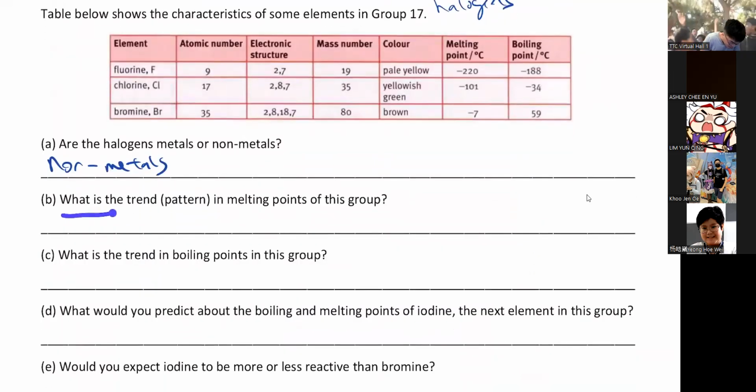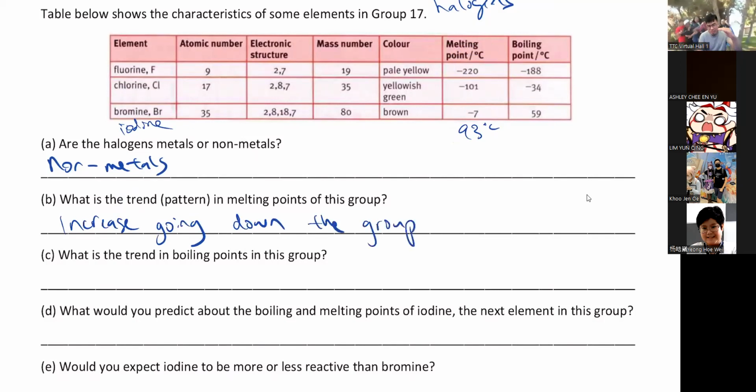Next. What is the trend or pattern in the melting point of this group? You look at this melting point, from negative 220 to negative 101 to negative 7. This just keeps increasing. Maybe iodine is a positive number already, maybe 90 something, 93. I don't know, I'm just guessing. So what is the trend? It increases going down the group.